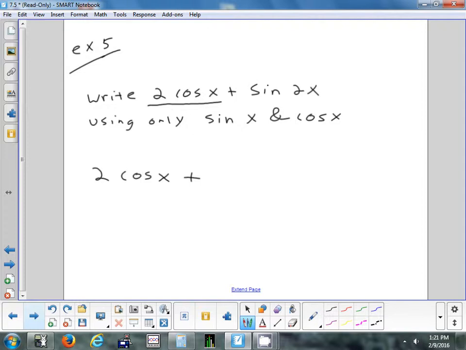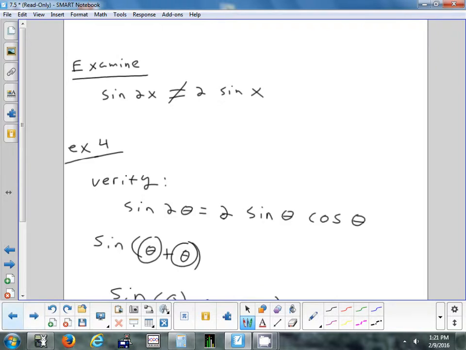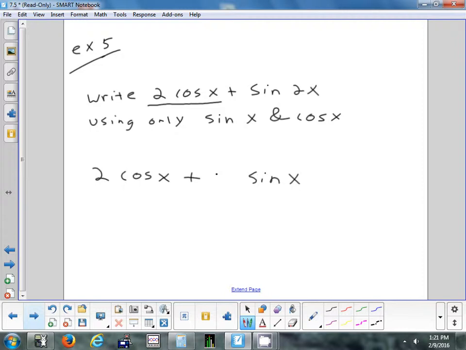Anybody tell me how I can rewrite sine 2x so that 2 is no longer in the argument? Sine x plus sine x would be 2 sine x. Remember, we talked about that. That is not the same as that. What's our formula for sine 2x?